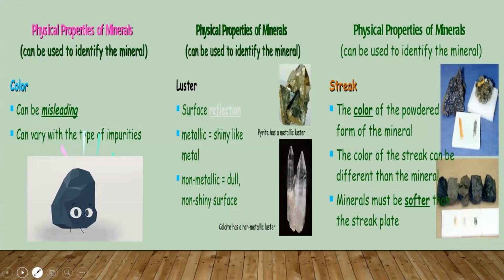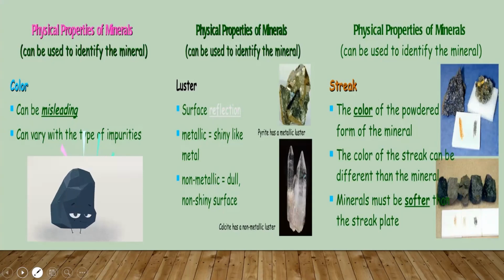Luster is the shiny reflecting surface. If the crystal is of metallic composition, it shines like a metal. If it is a non-metallic crystal or mineral, the surface is dull and not shiny.